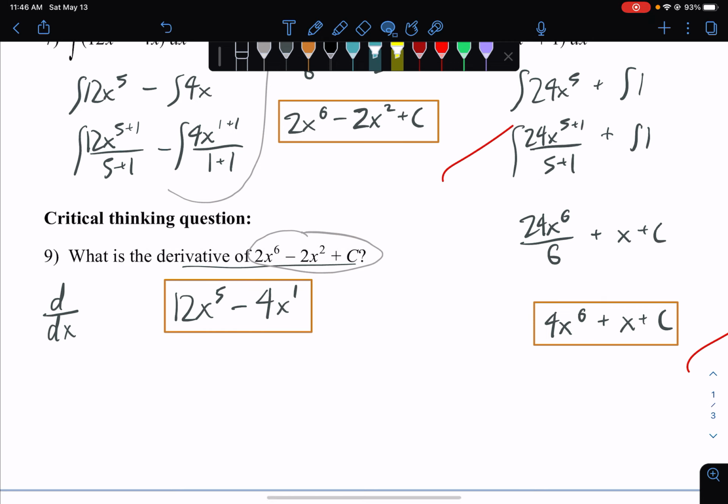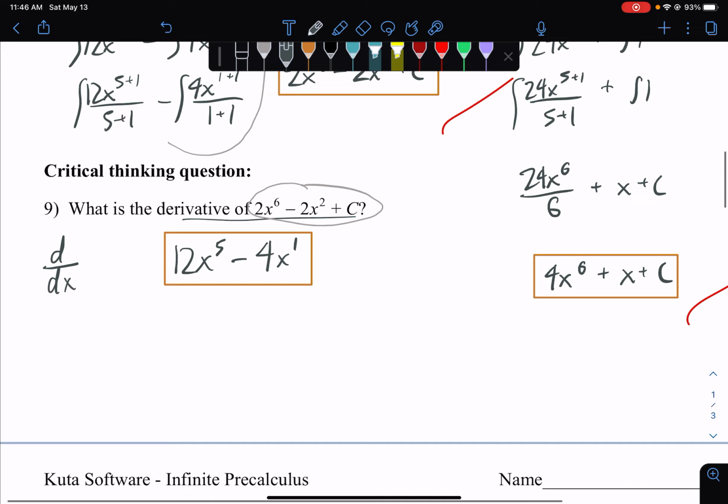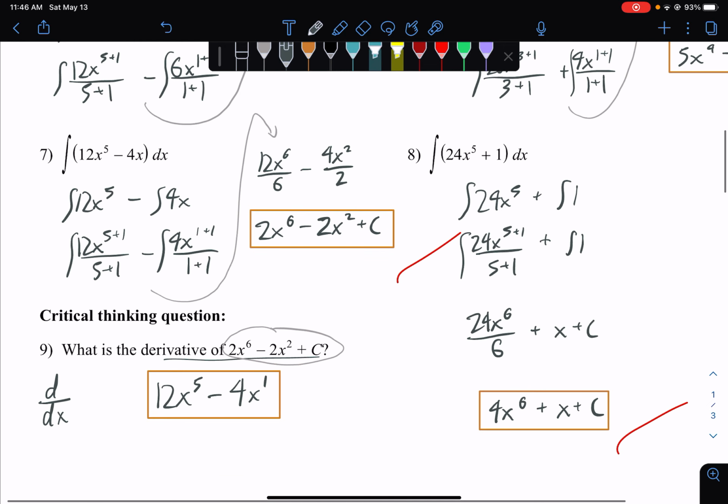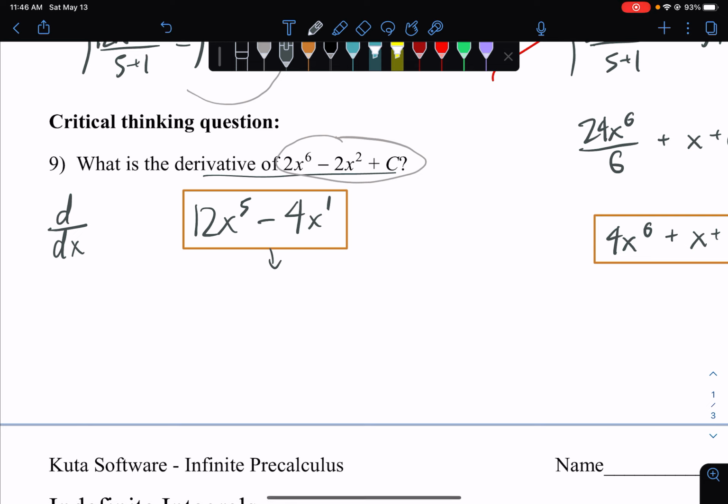Actually, my teacher told me, this really intelligent teacher, that there's one way to check if your answer for finding the indefinite integral is correct. So let's say you're given this kind of expression and you want to find its integral. Let's say 12x raised to 5 plus 1 over 5 plus 1, minus 4x.